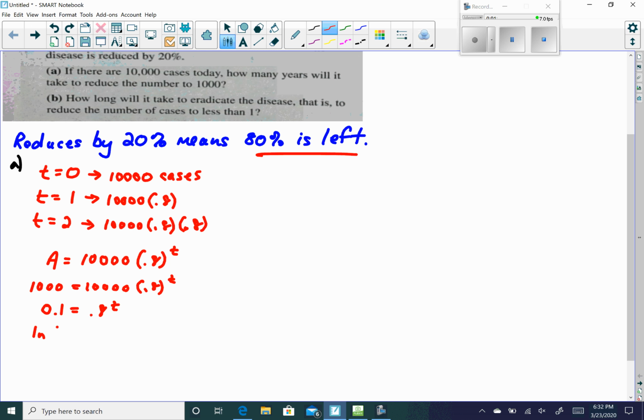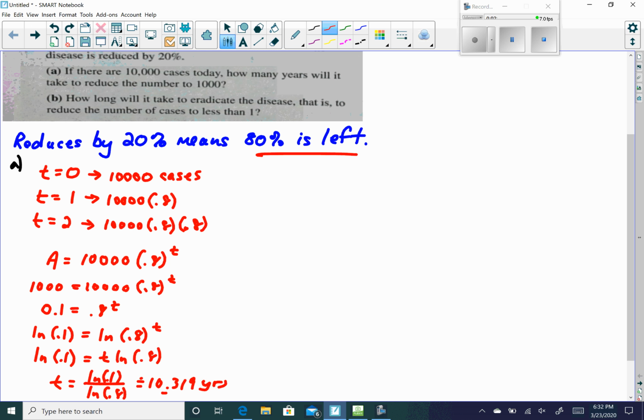Take the natural log of each side. So the natural log of 0.1 equals t times the natural log of 0.8. So t is equal to the natural log of 0.1 divided by the natural log of 0.8, which is approximately 10.319 years.